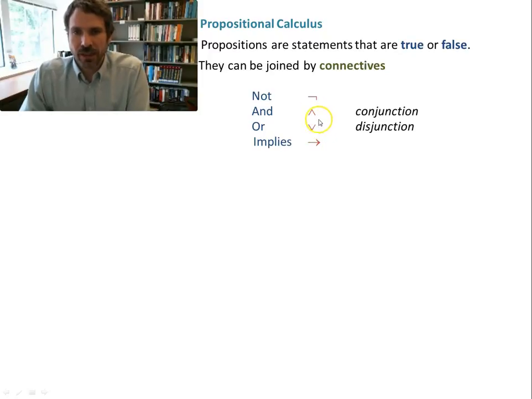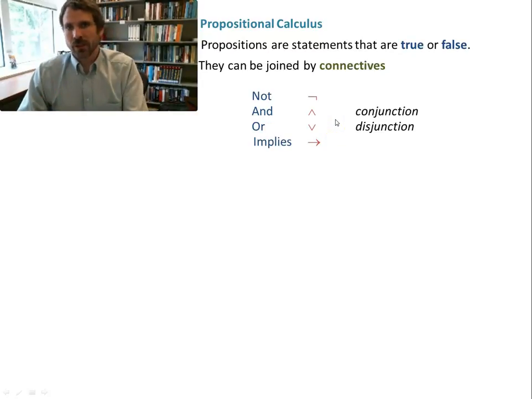It may help to relate these back to the union and intersection symbols from set theory that you're used to, because we know that the intersection of two sets contains all elements that are in one set and in the other, while the union of two sets consists of all elements that are in one or the other. Implies is the arrow. This one's pretty straightforward to understand. We're going to be using these four connectives in our propositional calculus.